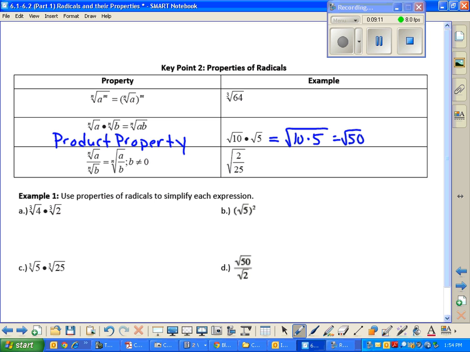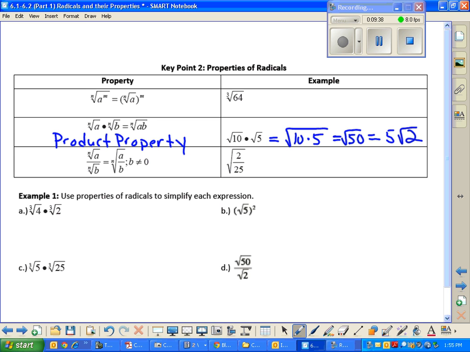So we could also use the product property again to break that radical apart, to simplify it. So the square root of 50, the largest perfect square factor that goes into 50, is 25, yes. And it breaks down to 25 times 2. So we get 5 root 2 when that is all said and done. I think that's a property most of you are pretty comfortable with. But does anybody have any questions about it?